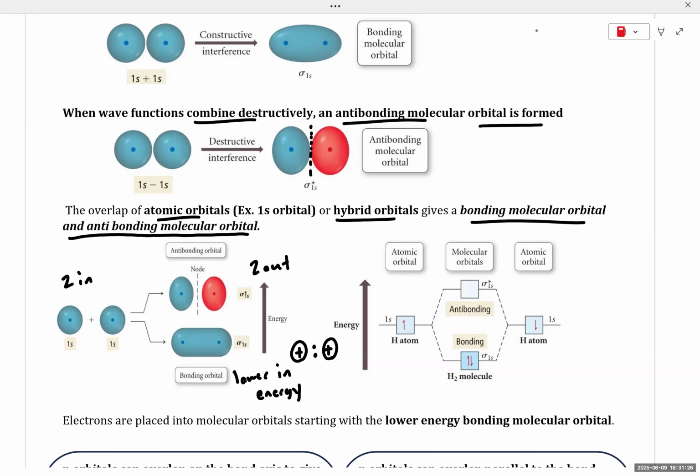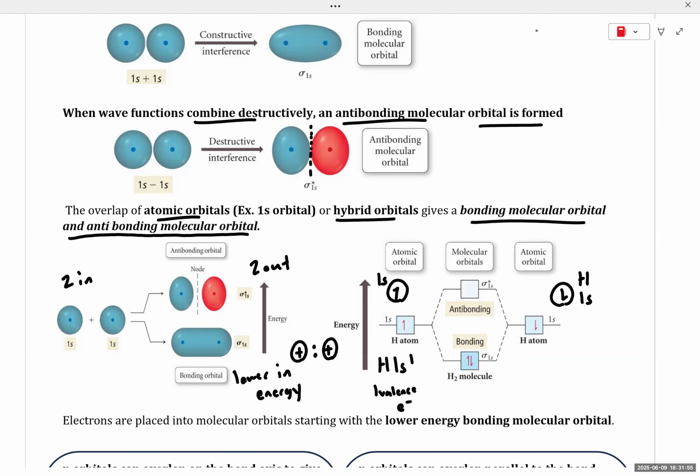Describing this from an orbital box diagram perspective, each of the hydrogen atoms contributes one electron. Hydrogen has a 1s1 configuration, it has one valence electron. So the hydrogen, which has this one electron in its 1s orbital, will overlap its 1s orbital with another hydrogen atom's 1s orbital.